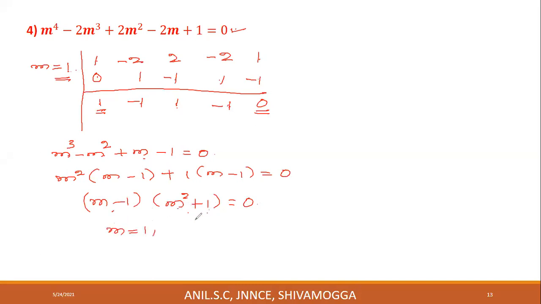M square plus 1 is equal to 0 implies m square is equal to minus 1. Therefore, m is equal to square root of minus 1, which is denoted by plus or minus i. Therefore, the four roots are m is equal to 1, again 1, and plus or minus i. Two roots are real and repeated, and two roots are complex roots.